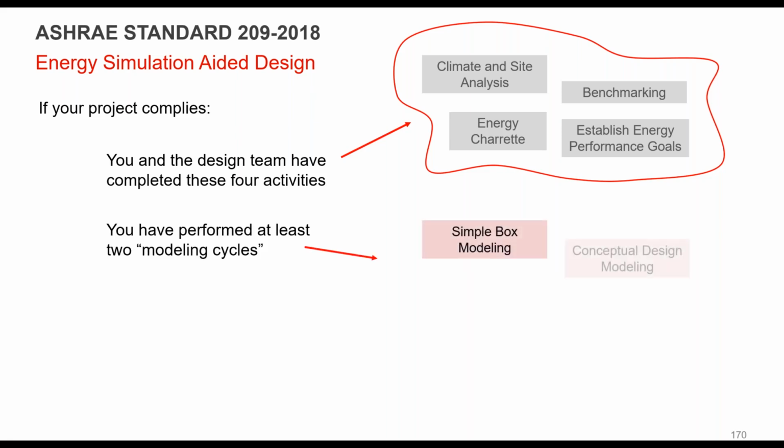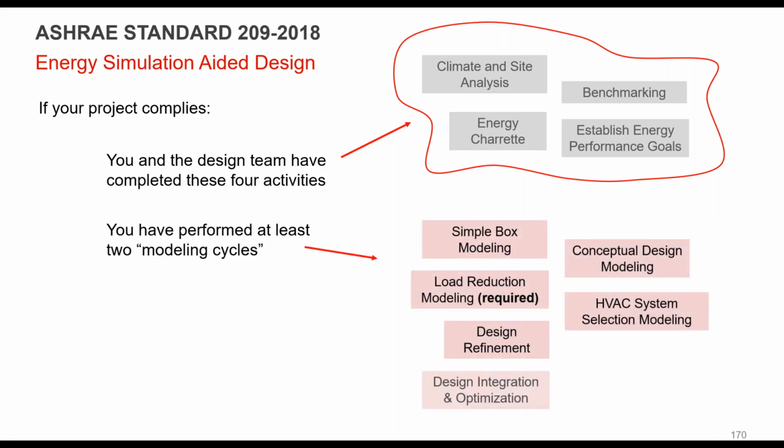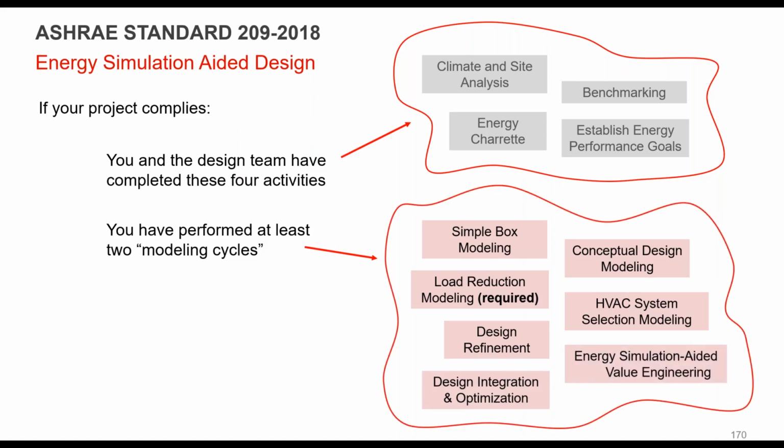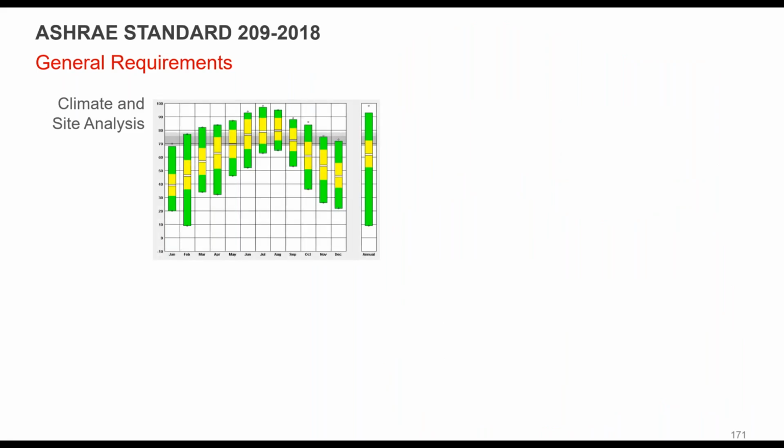There are alternatives, and you have to do at least 2 modeling cycles, what we call here simple box, load reduction, that one is required. Design refinement, design integration optimization, or conceptual design, HVAC system selection, or value engineering aspect. So you have to do all the above, plus a load reduction and one of the other ones, and then you comply for that.